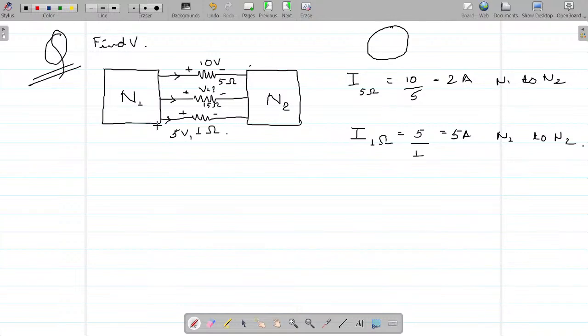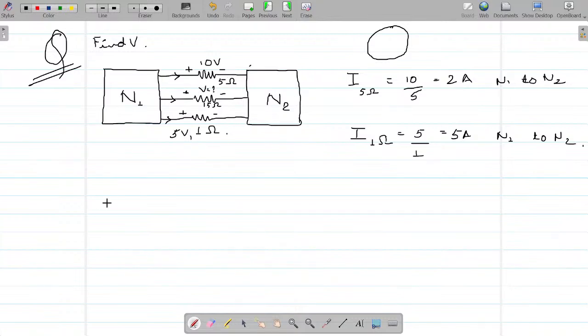So if two branches are taking the current from N1 to N2, so far from whatever we have calculated, no branch takes the current from N2 to N1. But this cannot be the case, right? That cannot be the case.